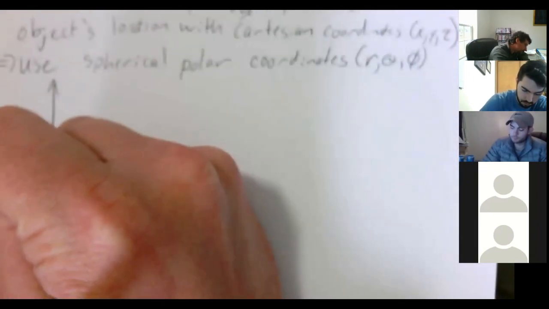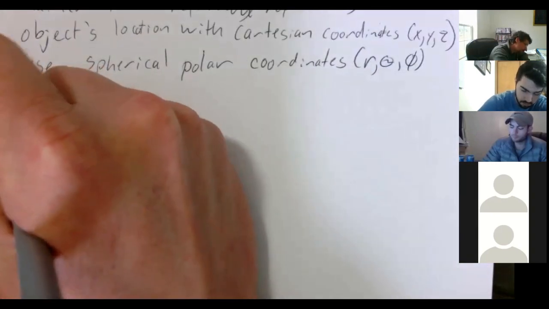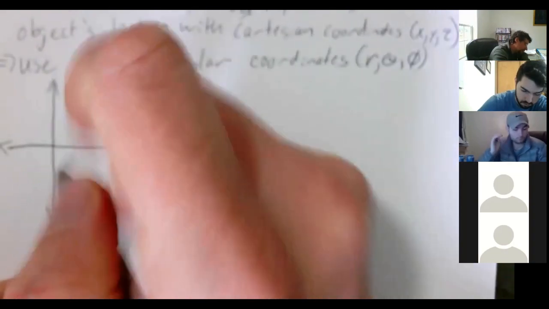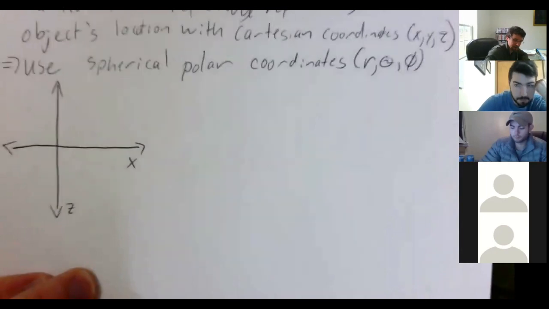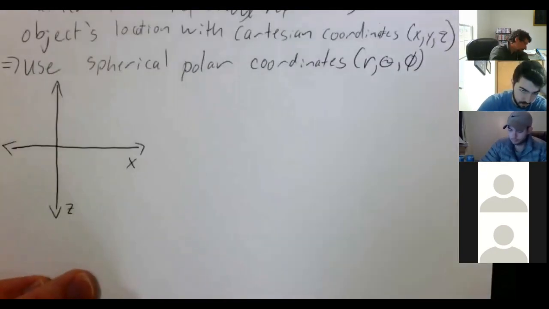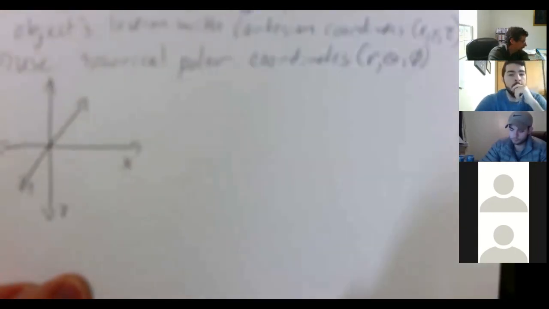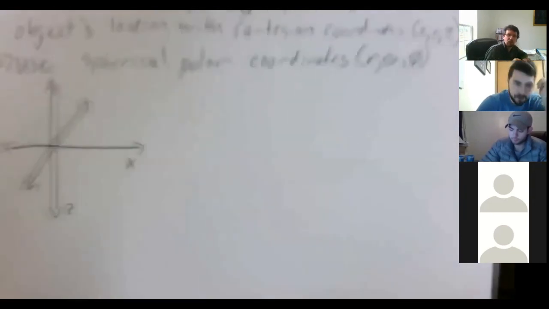So we're going to try to draw a three-dimensional system. We have our z, that way is x, and coming towards us is y. Okay. We have some point.